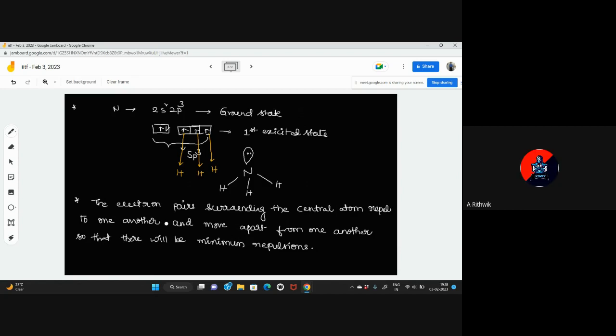So minimum repulsions means the distance between the lone pairs should be maximum, far from each other, so that there is minimum repulsion. Minimum repulsion means maximum stability for the molecule.